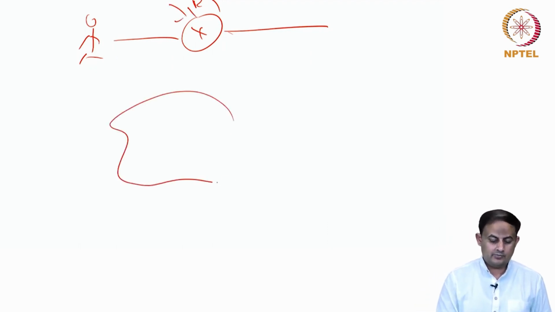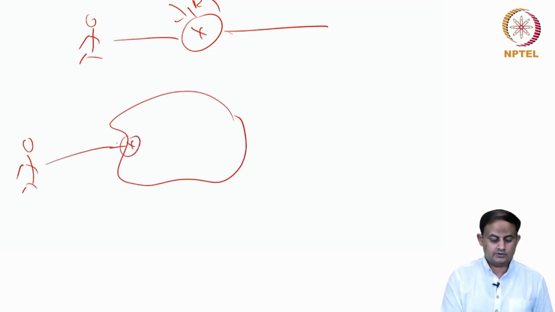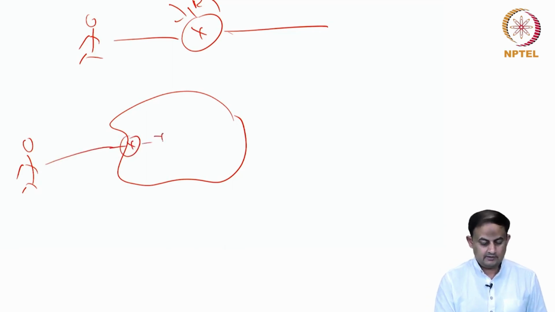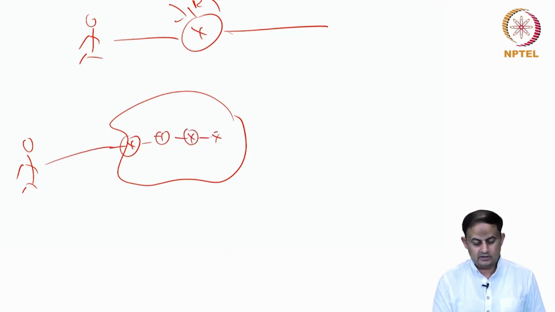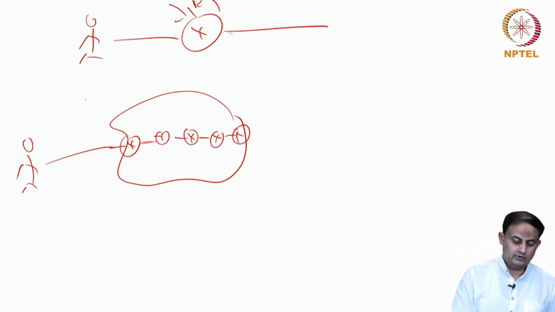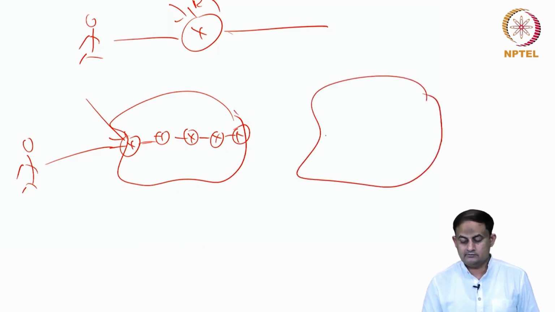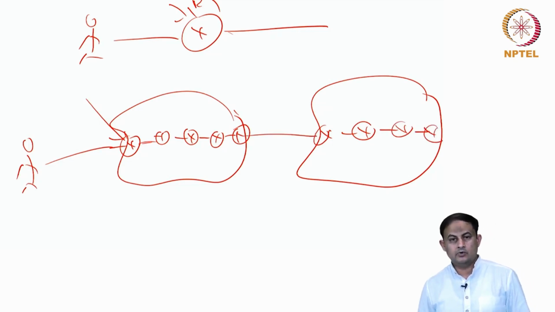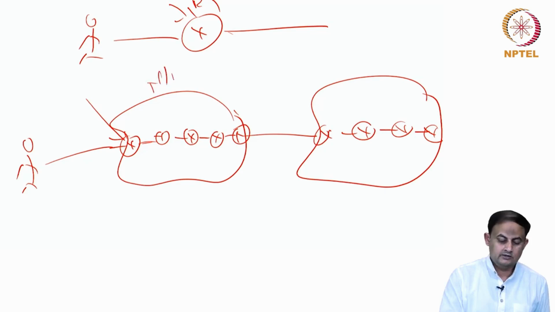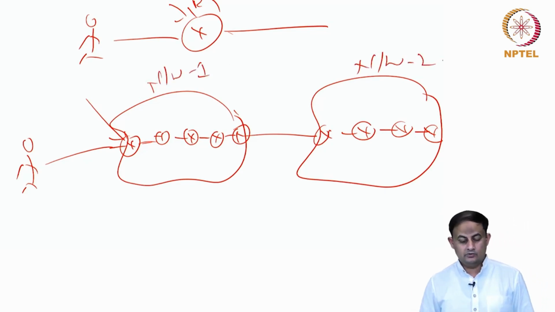Or it might also happen that the end user is somewhere here and his traffic is going to the first hop network, which has internally a series of routers, and the traffic passes through these routers. The policing action is happening here, and then when it exits one network and enters the second network, from this border router to the border router of the second network, this is network number 1, and let me call this network number 2.